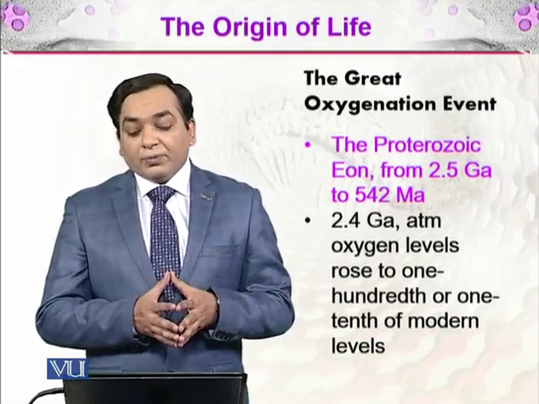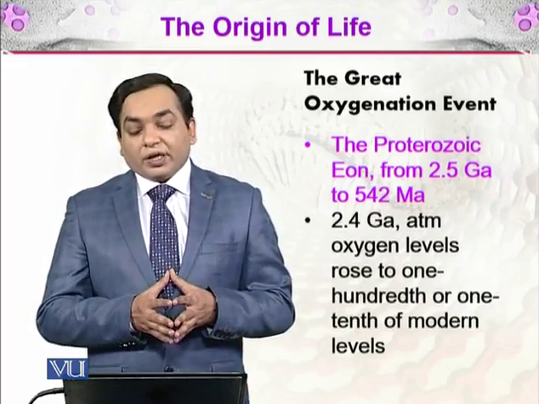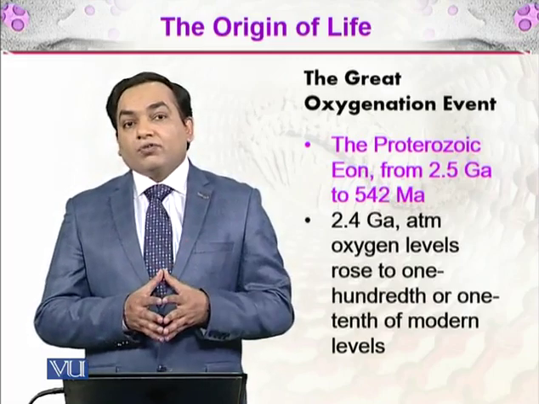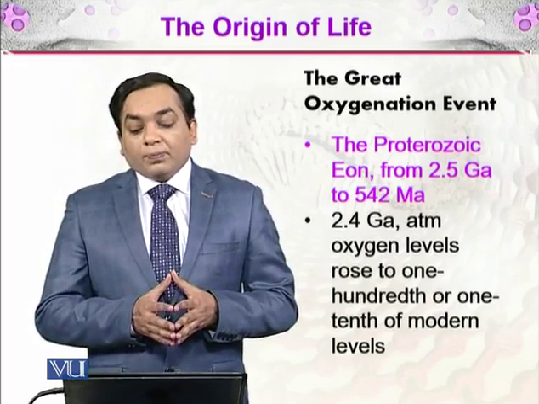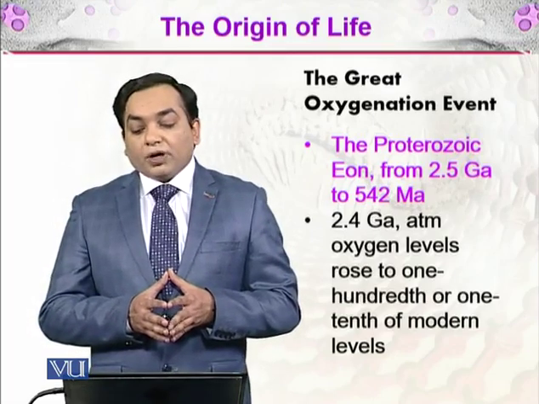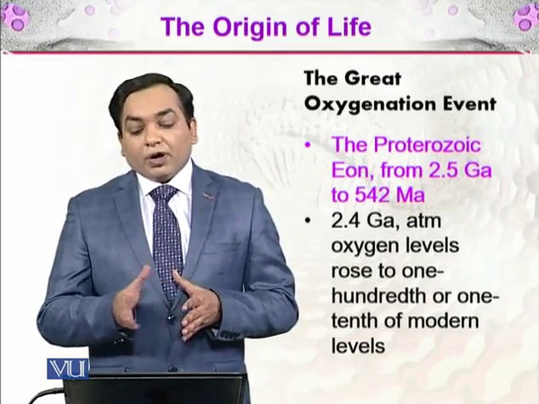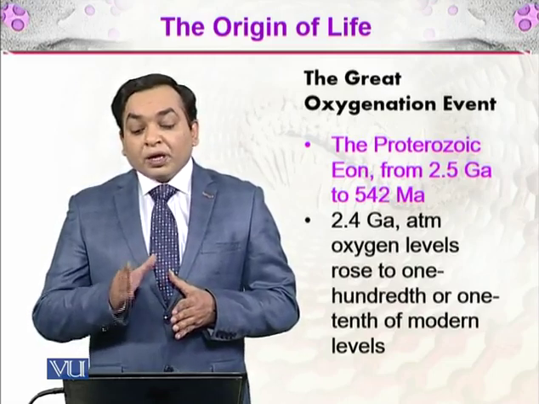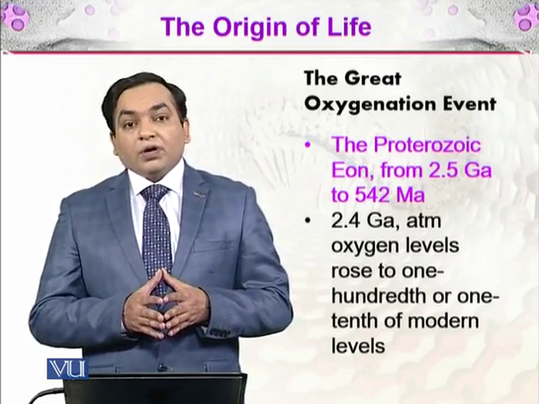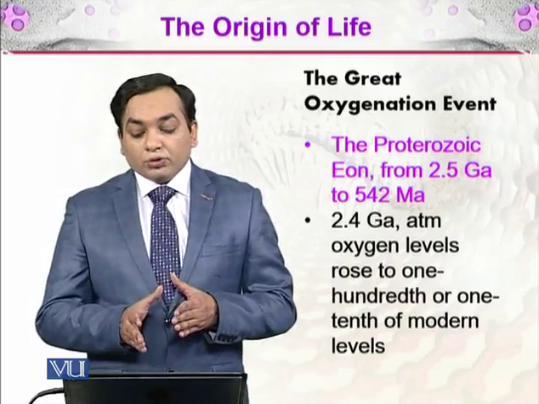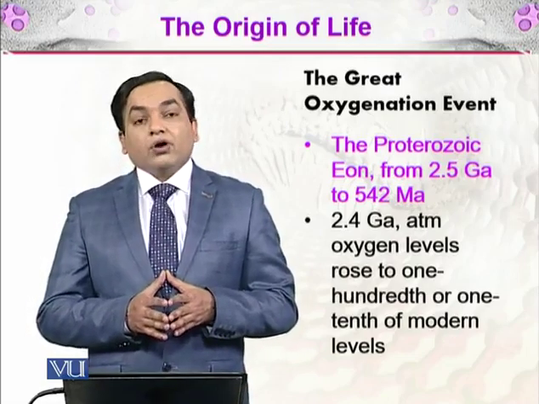And how did it happen? It happened due to photosynthetic organisms, or the evolution of the cyanobacteria. The Proterozoic eon is from 2.5 giga-annum to 542 million years ago. At 2.5 giga-annum, the atmospheric oxygen level rose to 1/10 of the modern level.